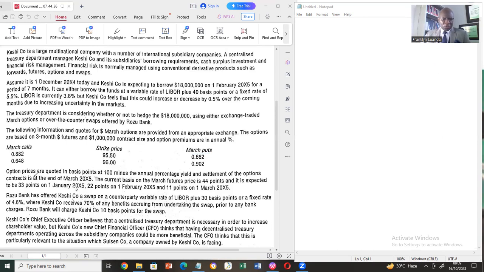Then now we go to the other points. Option prices are quoted in basis points at 100 minus the annual percentage yield, and settlement of the options is at the end of March 20x5.